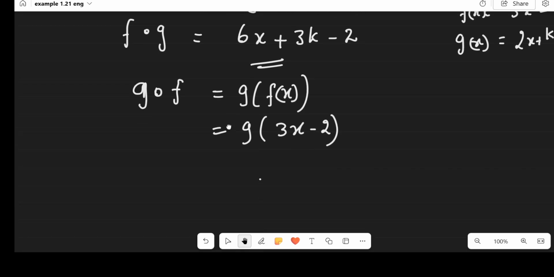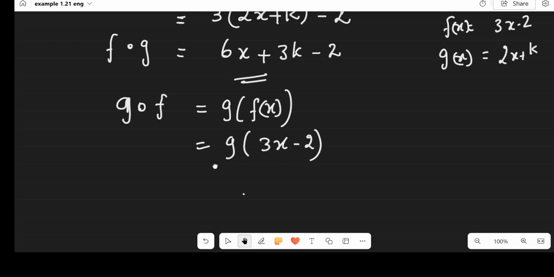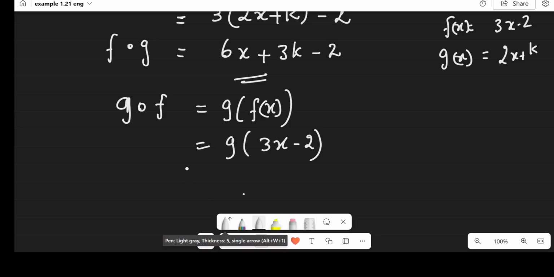And next is what step? What we have to follow? In first function. Now, here, what is the first function?